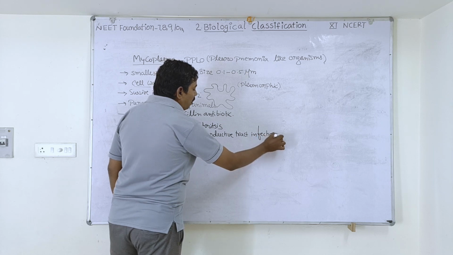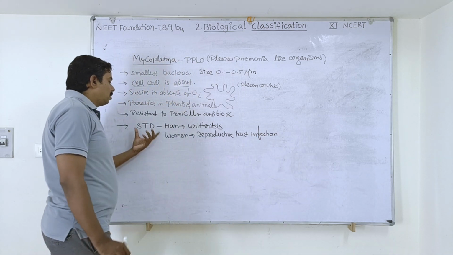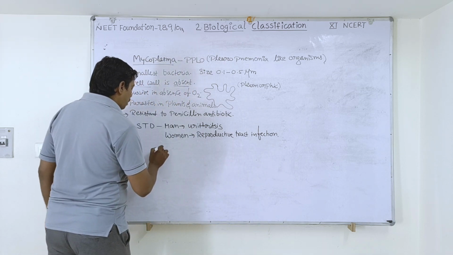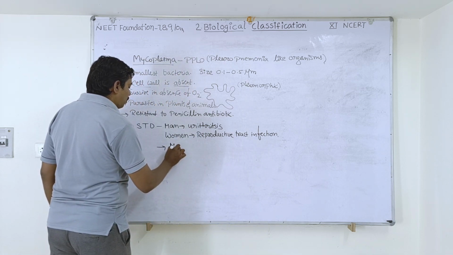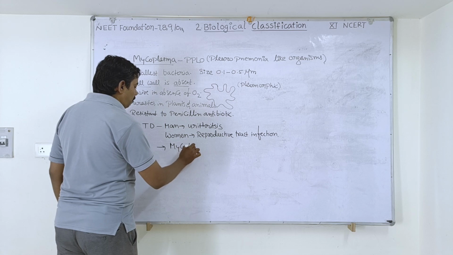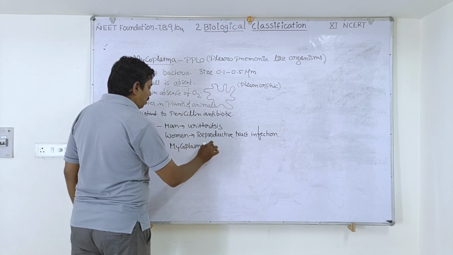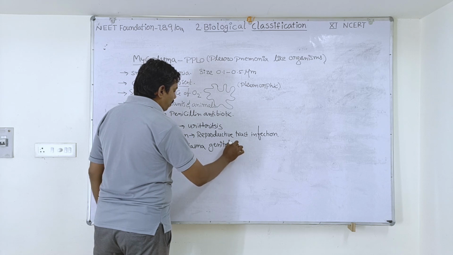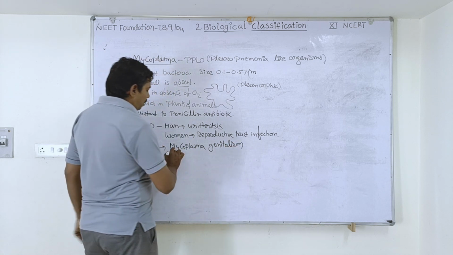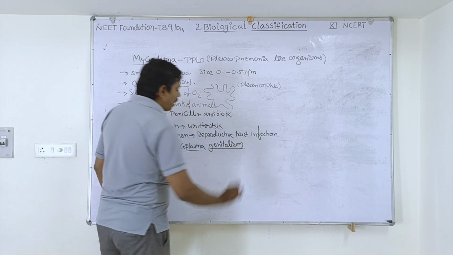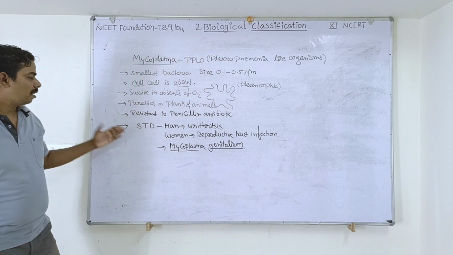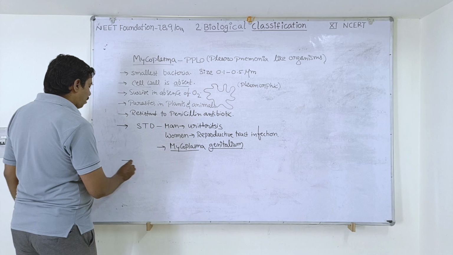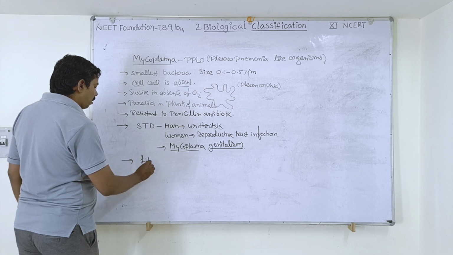So what is the Mycoplasma bacteria which causes this sexually transmitted disease? The name of that bacteria is Mycoplasma genitalium. So this is the Mycoplasma bacteria which cause the sexually transmitted diseases in men and women. Okay, and in plants it causes little leaf disease of brinjal.